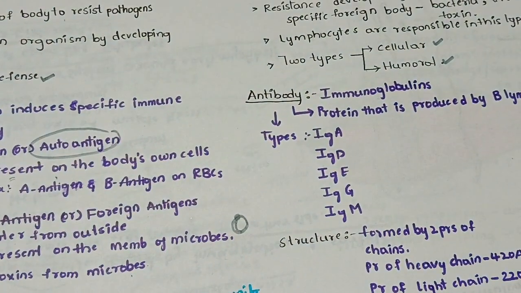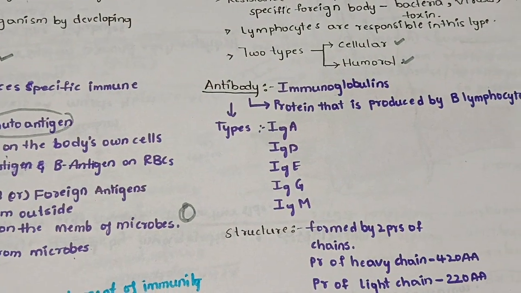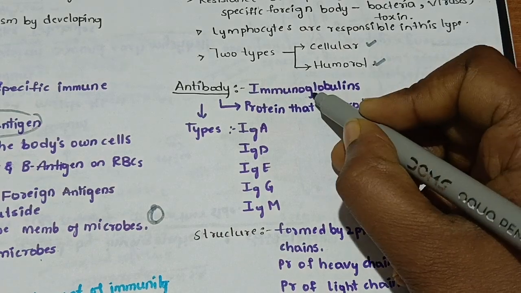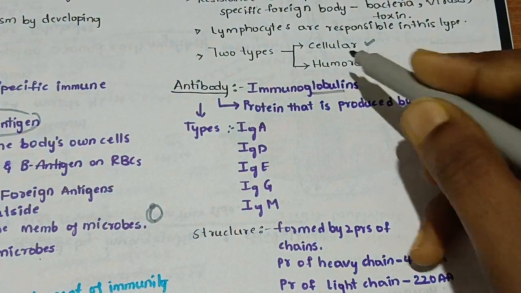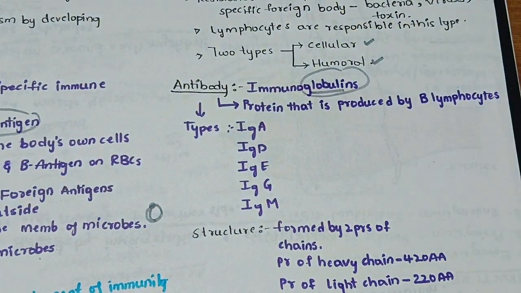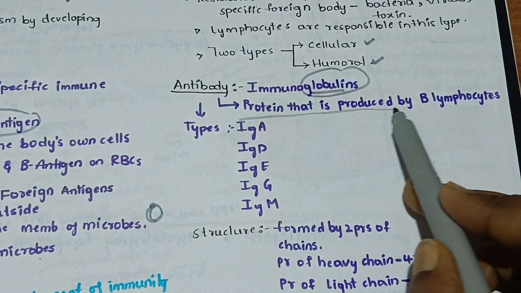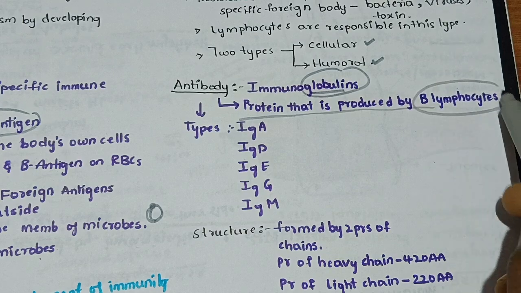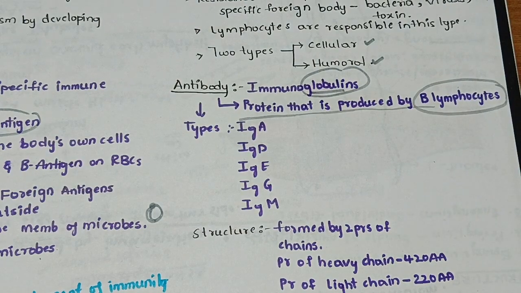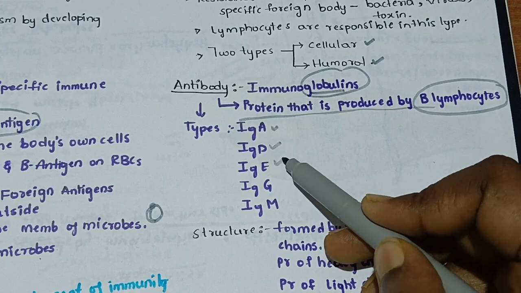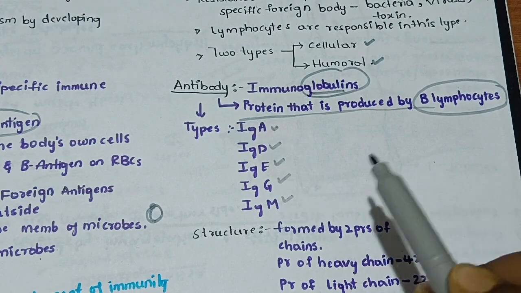And now, what is an antibody? Antibodies are also known as immunoglobulins. These are globulins, proteins produced by B lymphocytes. They are of five types: IgA, IgD, IgE, IgG, IgM.